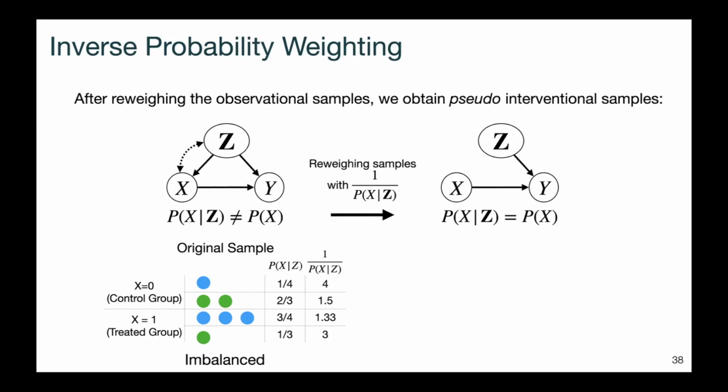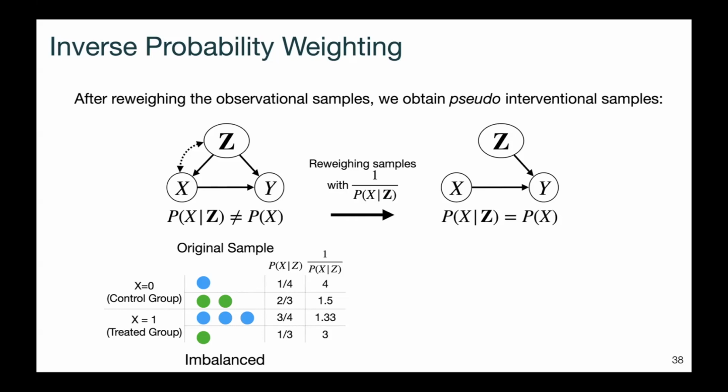Suppose that I have samples that are blue, and the probability of X given Z is 1/4. I have two samples that are green in the group 0, and the probability of X given Z is 2/3. Once I have 1 over the probability of X given Z, I'm multiplying this.